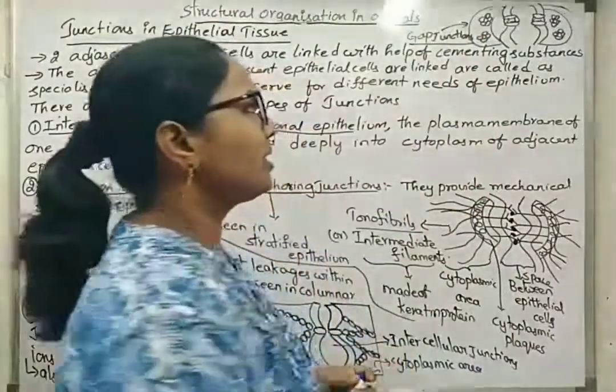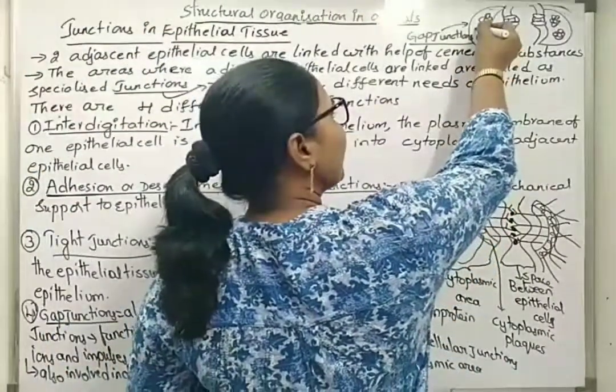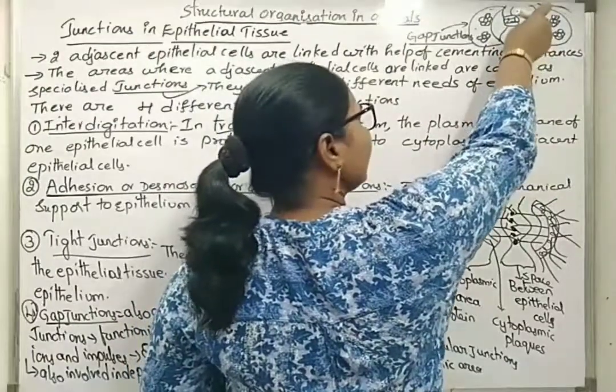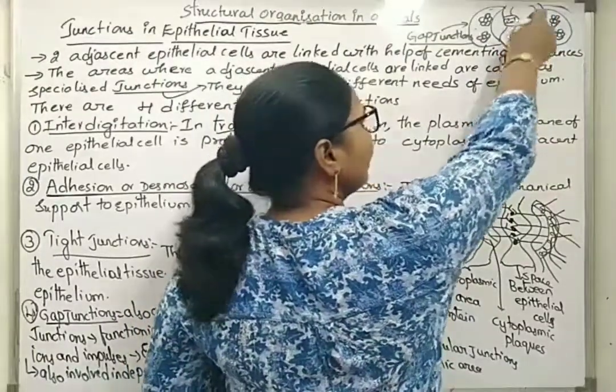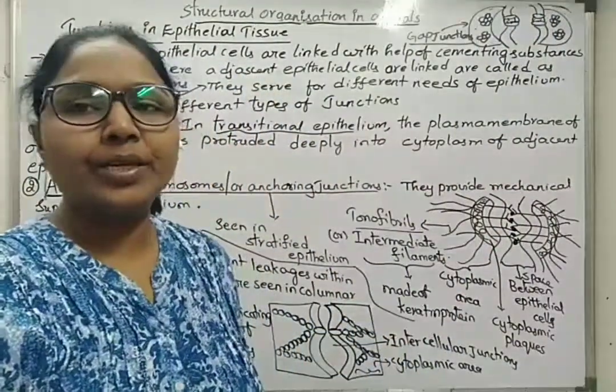The diagrammatic representation roughly will be like that. So this is cytoplasmic area. This area is between adjacent cells, and here there will be some carrier channels or cytoplasmic channels.